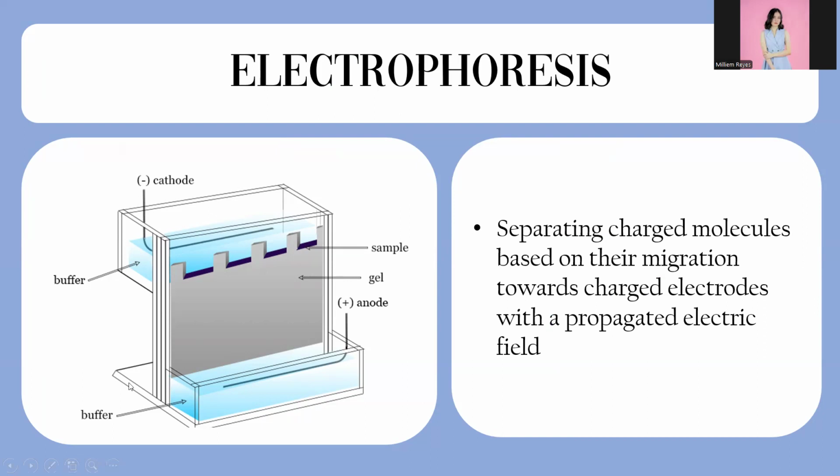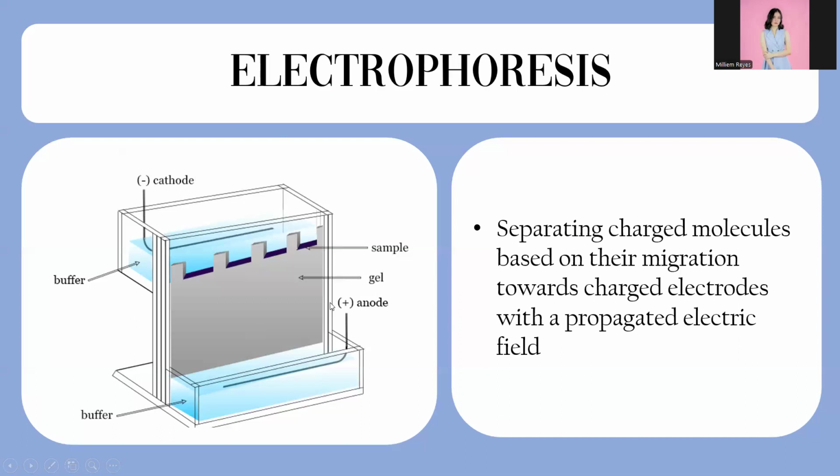So if you guys have any background on electronics, electric, or kahit physics lang, basic physics, this one will act like a circuit. The buffer is the solution which provides a medium for your current to pass through. The anode is your positively charged electrode, while the cathode is your negatively charged electrode.